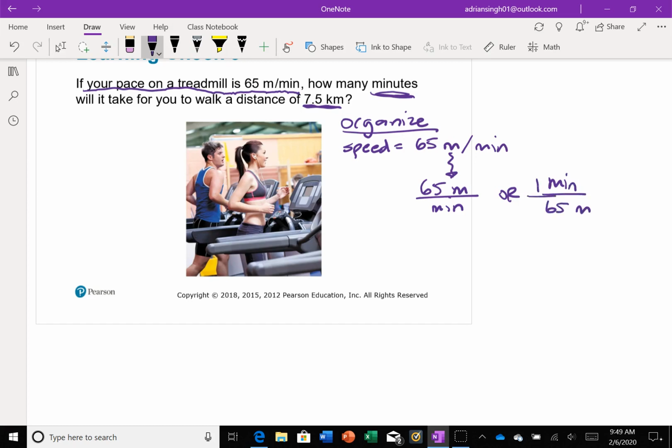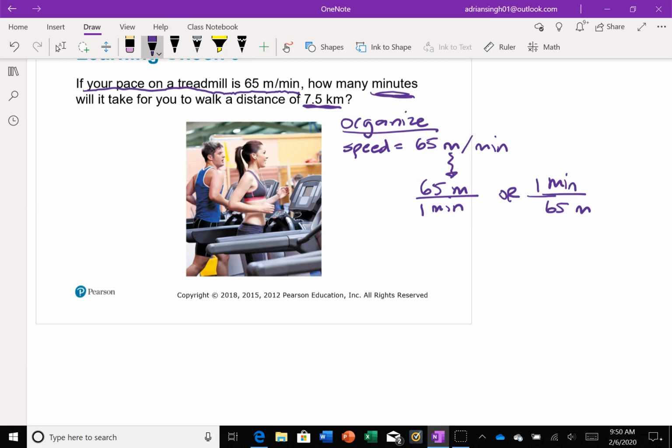So per means over 1. We can put that 1 in there to make sure that we don't get confused. So that speed or that pace that's given can actually be used as one of 2 conversion factors.